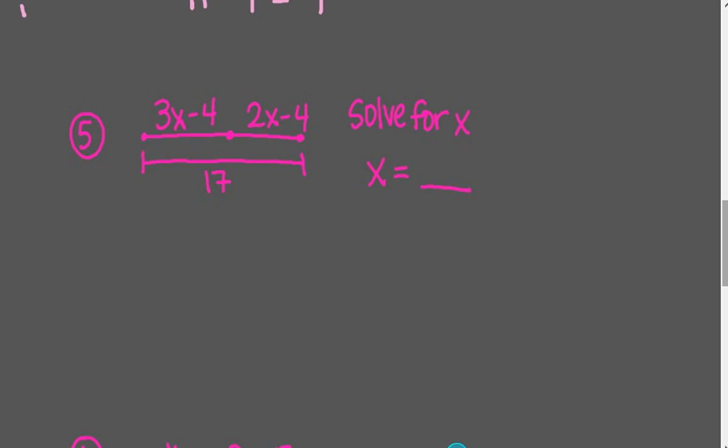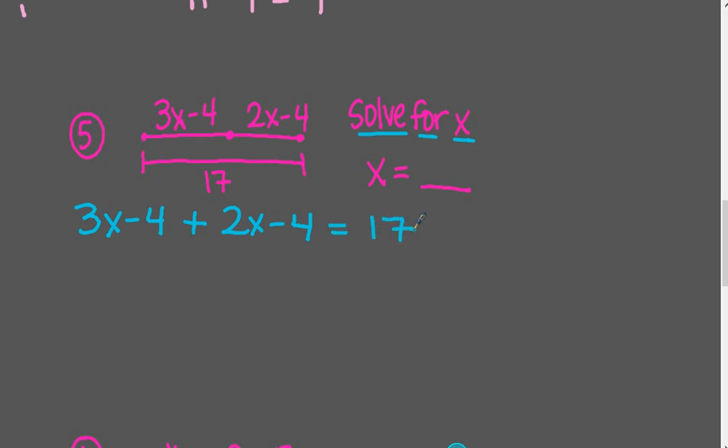All right, and then number 5 here. This one wants us to solve for x. Kind of similar to the one that we had up top. It's saying this plus this is equal to a whole length of 17. So I can add those things just like that. 3x minus 4 plus 2x minus 4 equals 17.